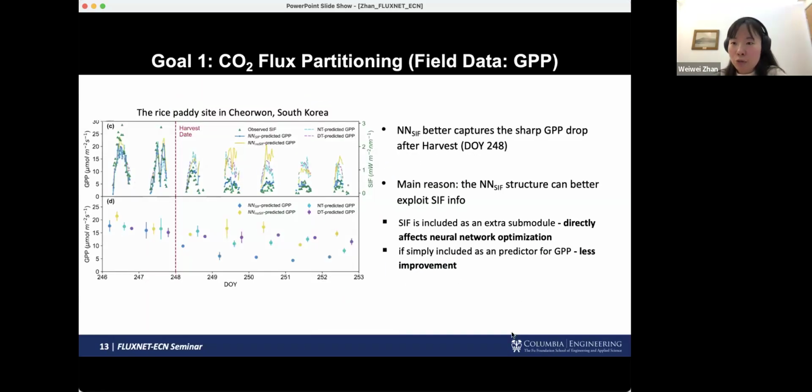So those are the results regarding synthetic data, and now we can move on to the field data. Here, we find that one benefit of our approach, when applied to the rice paddy site, is better performance in capturing the instantaneous effect of harvest on GPP.